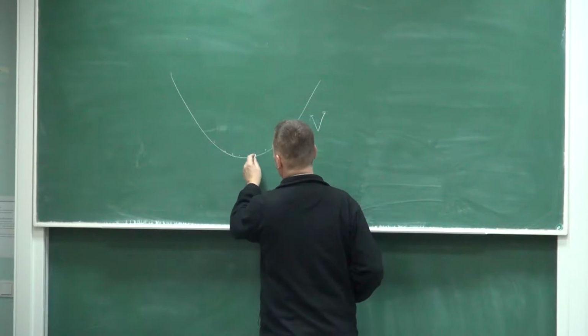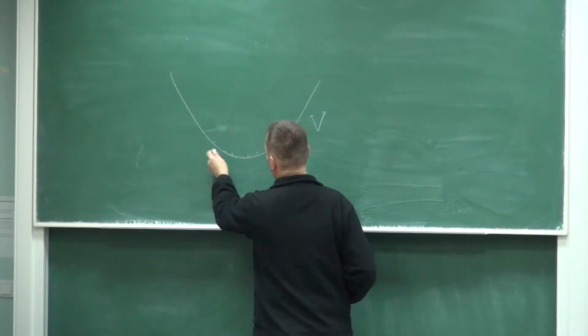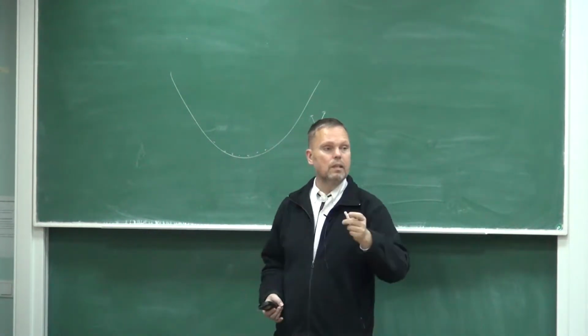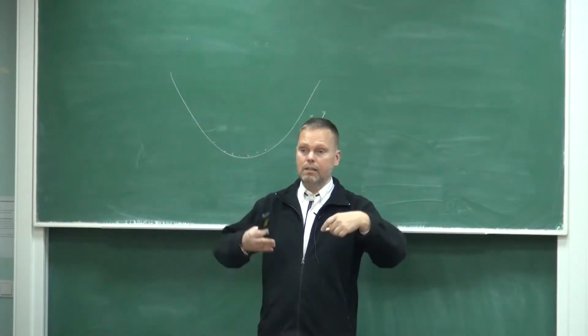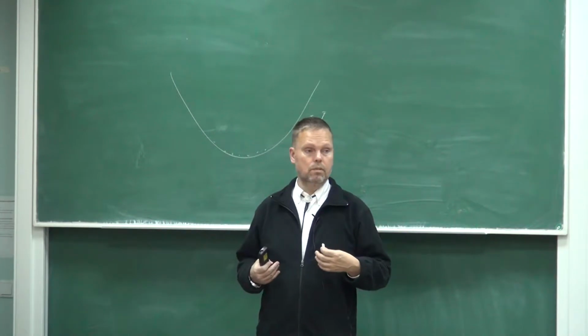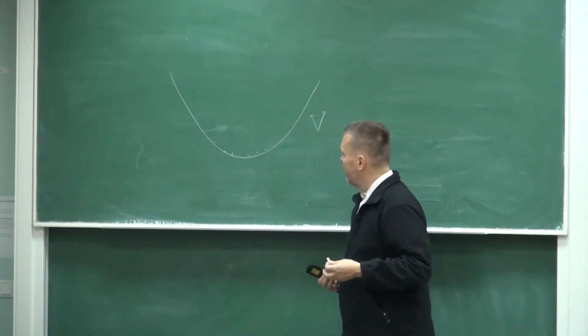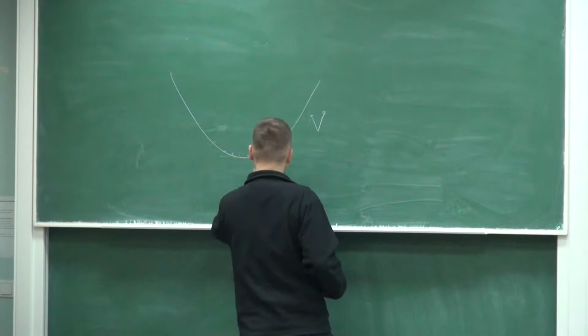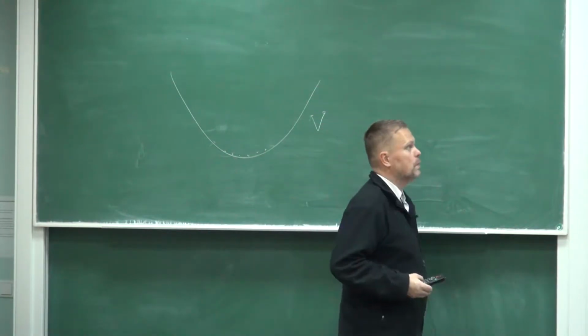You could think of it as Dyson gas, which is particles given a Brownian motion, each one of them, and then they interact with repelling force. So they will want to be here, and that's what I will talk about.